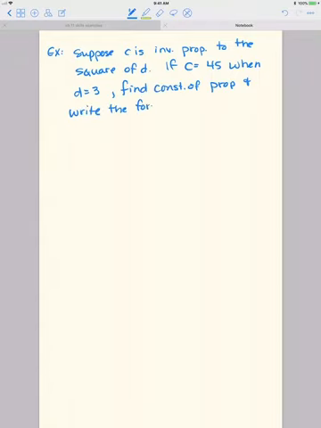So we'll write the formula for C as a function of D.